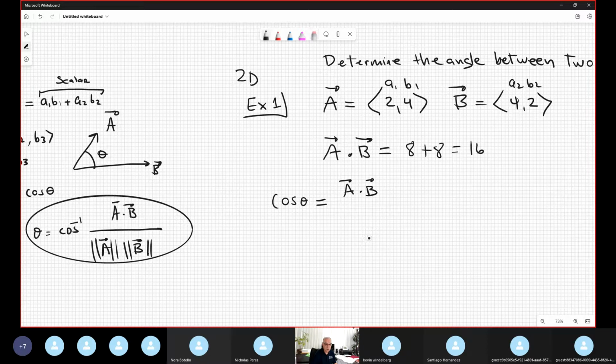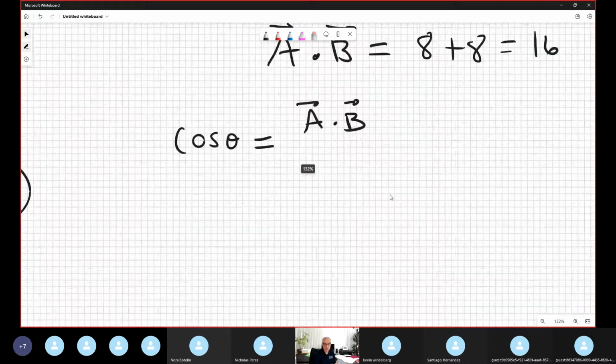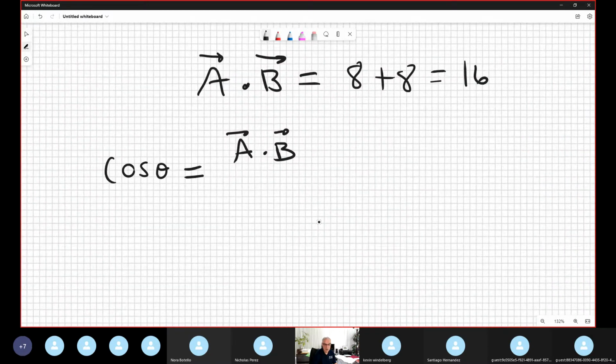This is just dot product. Okay, my formula is a mistake, my mistake. This is cosine theta equal to dot product divided by magnitude A times magnitude B. And intentionally, I do not put a dot here. It's multiplication. That's it. It's just a number.